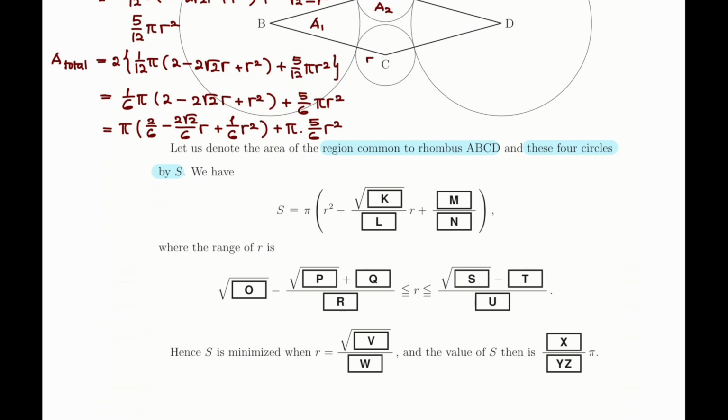And then after that, I can factorize pi. So I will get pi, open a large bracket, 2 over 6, which is 1 over 3, minus 2 square root of 2 over 6, which is square root of 2 over 3, R, plus 1 over 6 R squared plus 5 over 6 R squared, because I already factorized the pi.